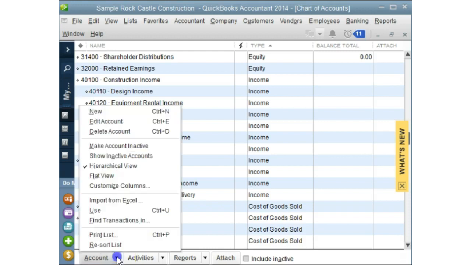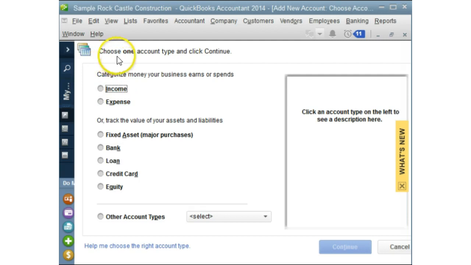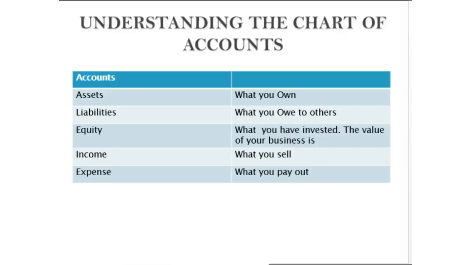When we create a new account, if we go to Accounts, then New, QuickBooks is going to ask us to choose one account type and click Continue. Let's take a look at what type of accounts there are in the chart of accounts. There are 5 types of accounts that make up the chart of accounts and therefore make up your whole financial data.